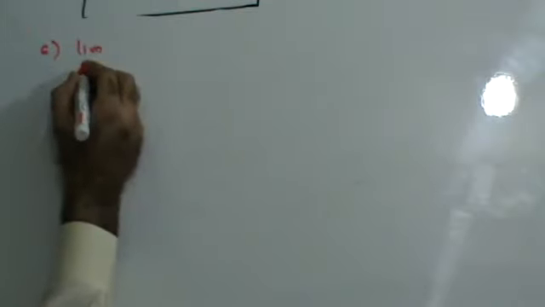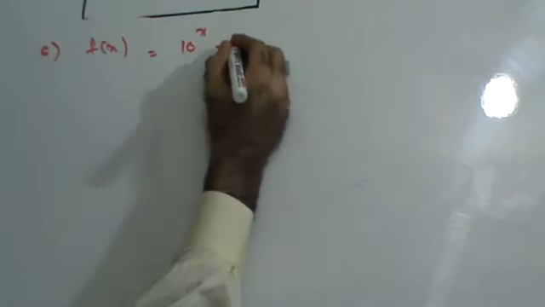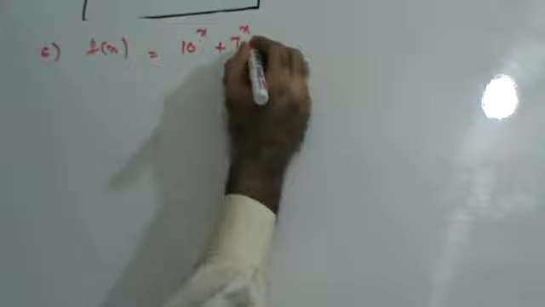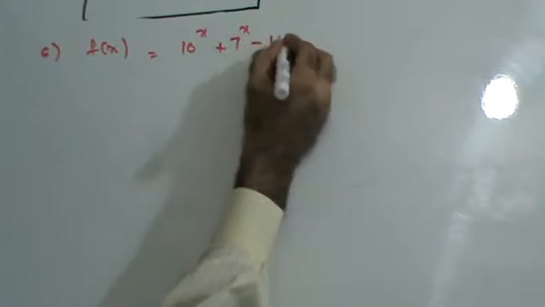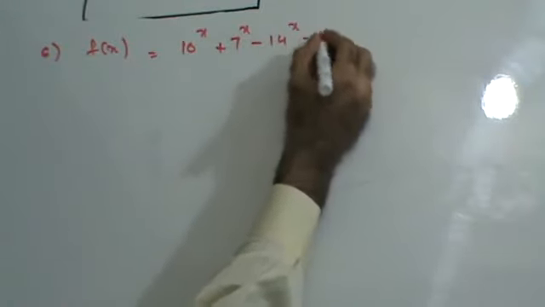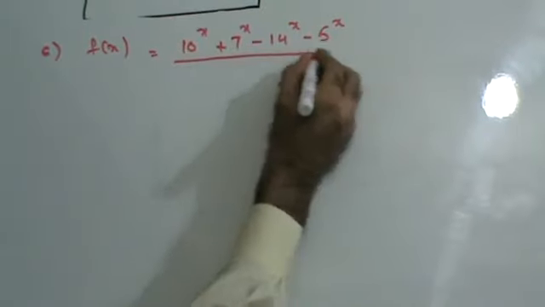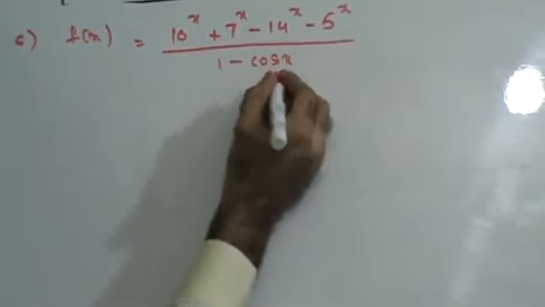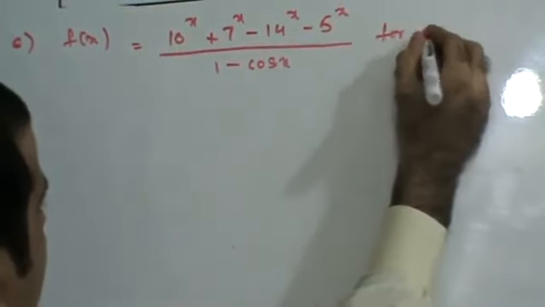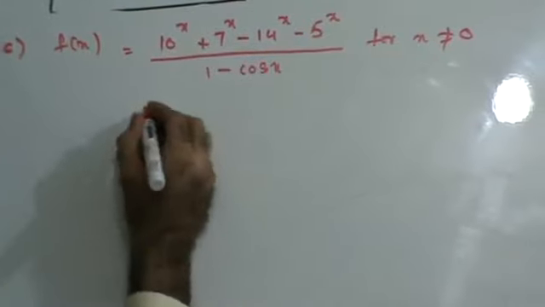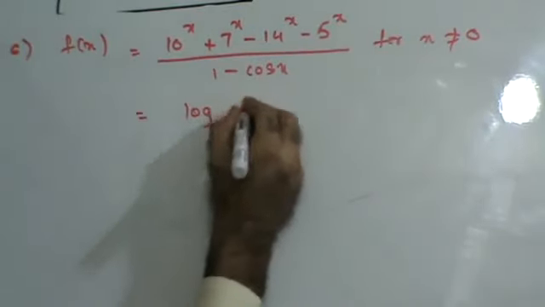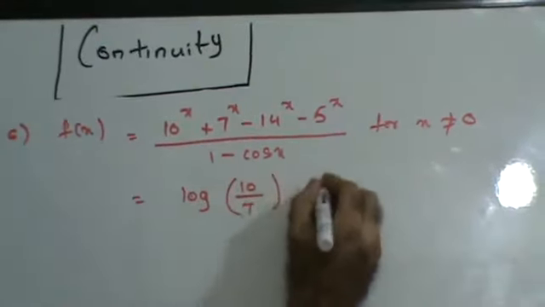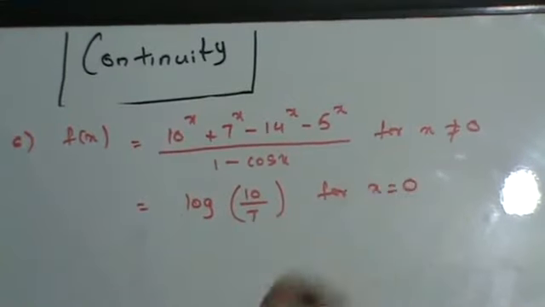f of x is equal to 10 raised to x plus 7 raised to x minus 14 raised to x minus 5 raised to x upon 1 minus cos x for x is not equal to 0, is equal to log 10 upon 7 for x is equal to 0.